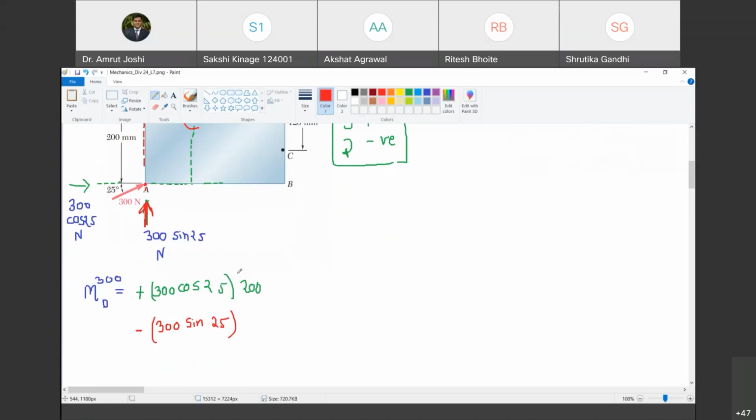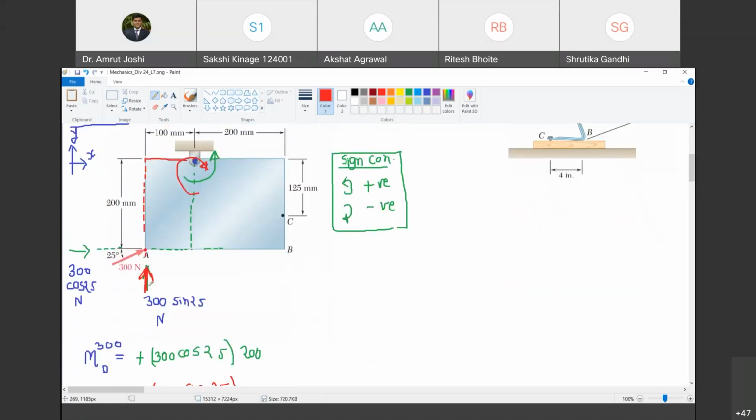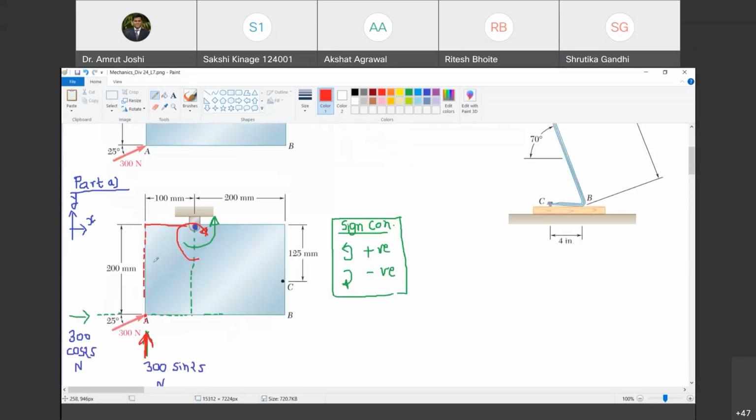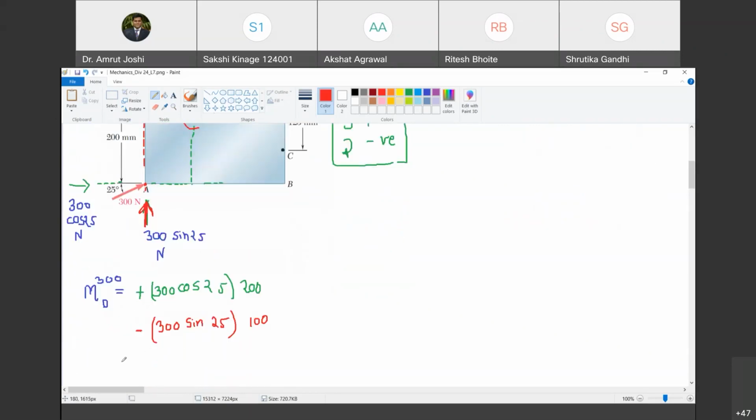Yes, sir. So are we dealing with horizontal distances when we are calculating the moment of a vertical force? Yes. Are you with me? Yes, sir. So this multiplied by 100. So this is the moment of the 300 Newton force at D. Can you calculate this for me and let me know the value? Yes, sir.